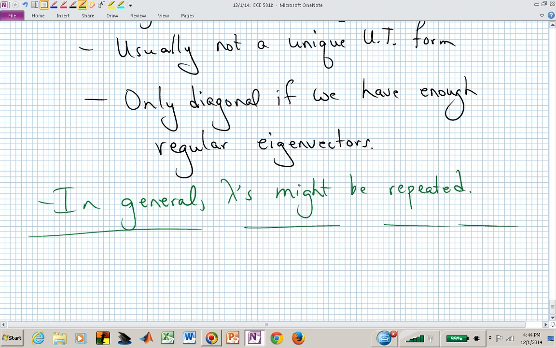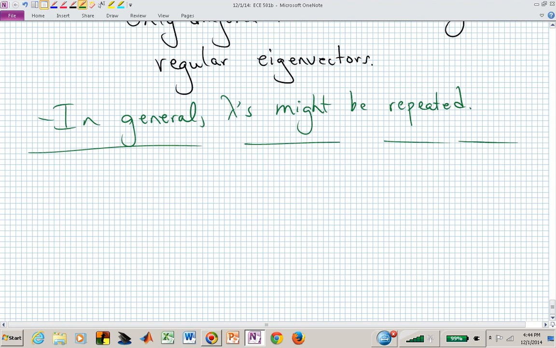And what we want to know is what happens when those are repeated, or what can happen. What kind of representation do we have?